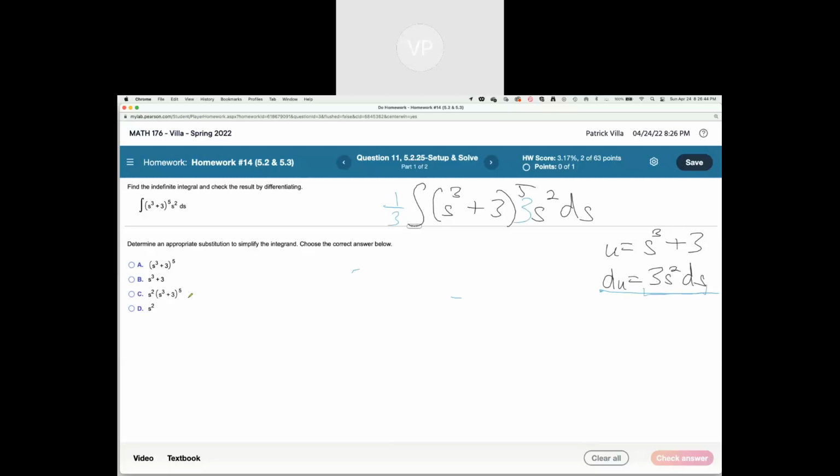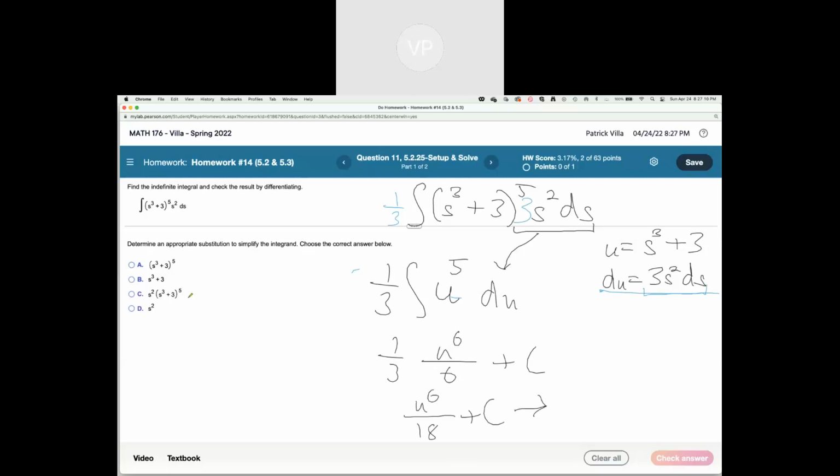So now let's do all the substitutions. This whole parenthesis becomes a u, so I have u to the 5th. Power doesn't change. And all of this becomes the du. So now I integrate, and that's u to the 6th over 6 plus c. That becomes a 1 over 18 u to the 6th.